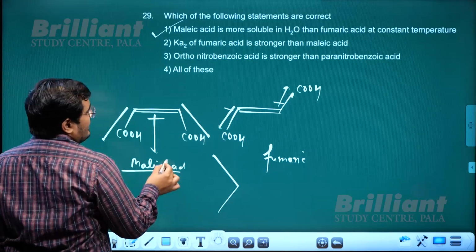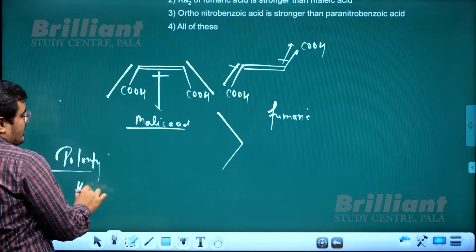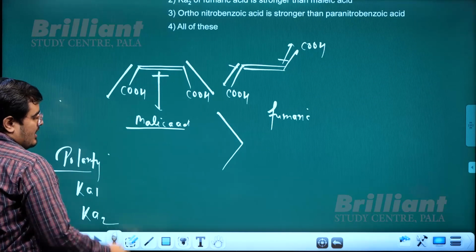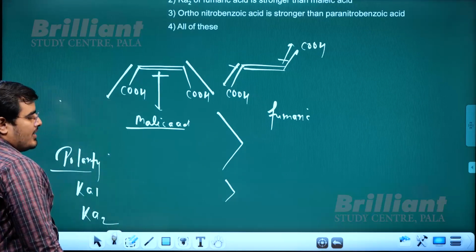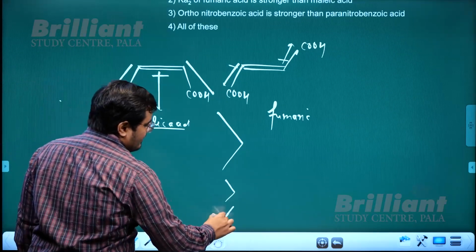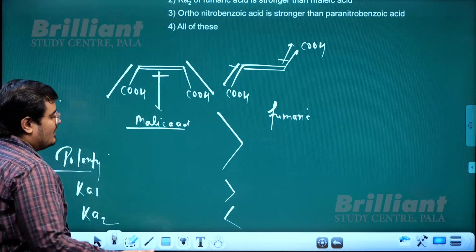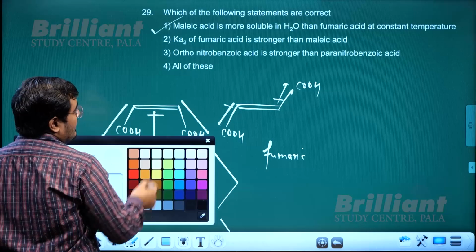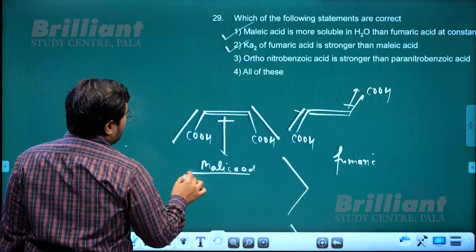If I compare Ka1 and Ka2, that is the first acid dissociation constant and the second acid dissociation constant, then the first acid dissociation constant is greater for malic acid, whereas the second dissociation constant is greater for fumaric acid. That is, this statement that Ka2 of fumaric acid is greater than malic acid is also true. Again, how to understand that?